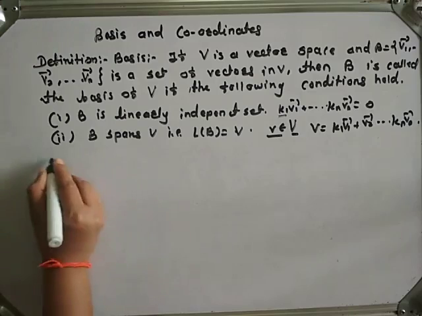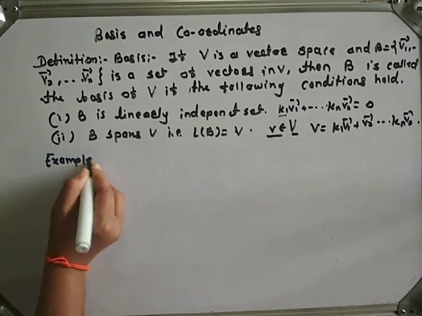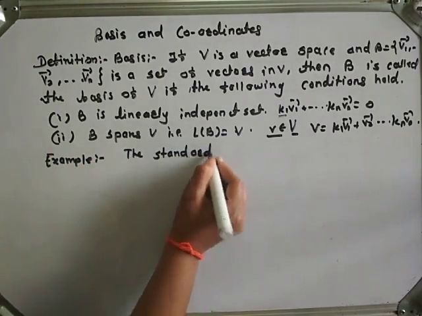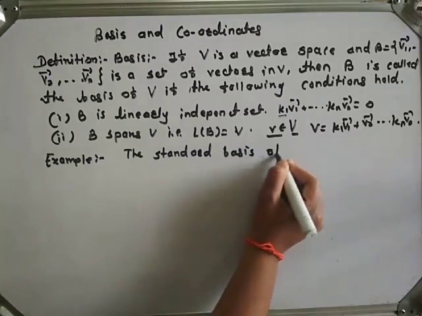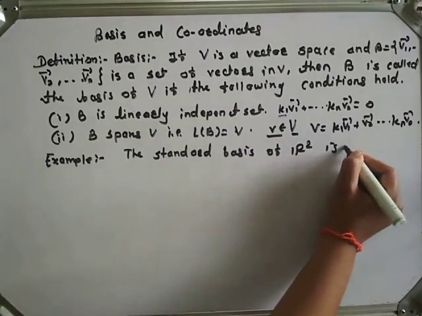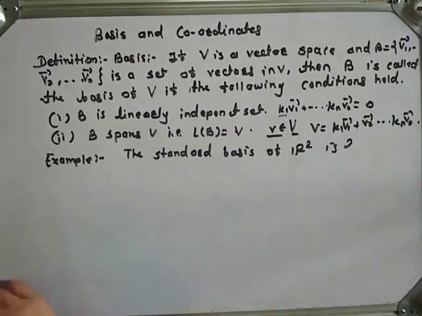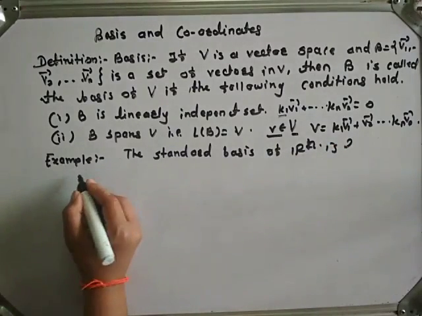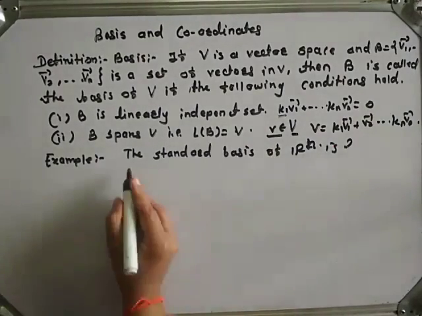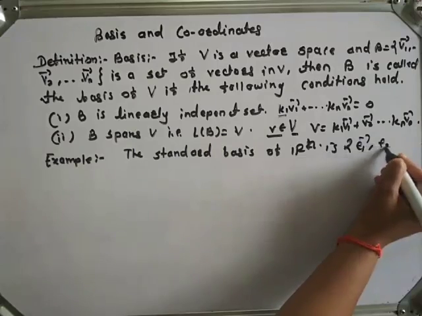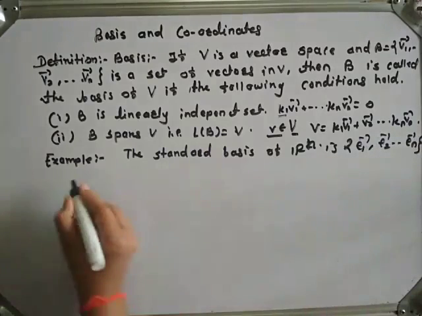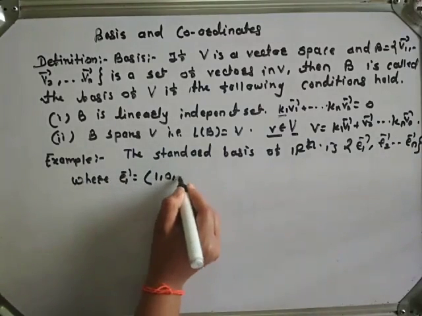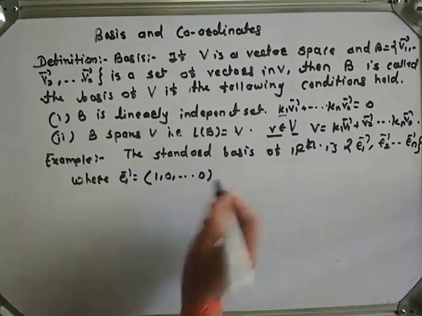Okay. Let us take an example. The standard basis for Rn is the set {e1 bar, e2 bar and so on up to en bar}, where e1 bar is the vector (1, 0, and so on up to nth term 0).